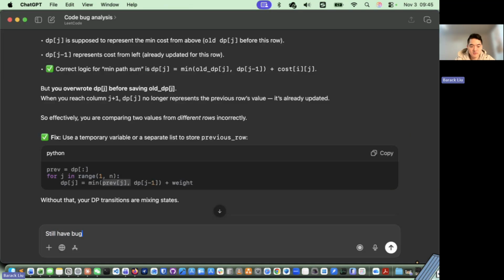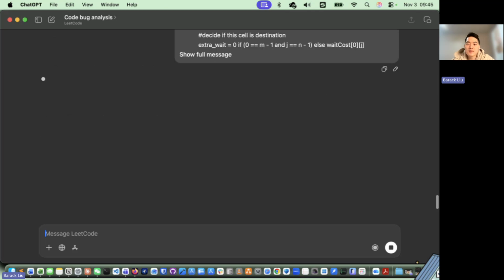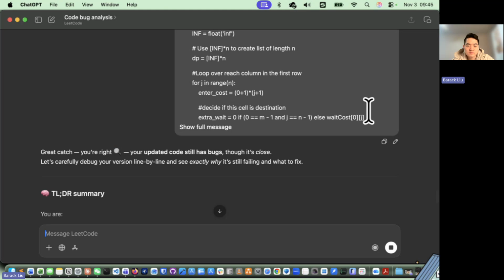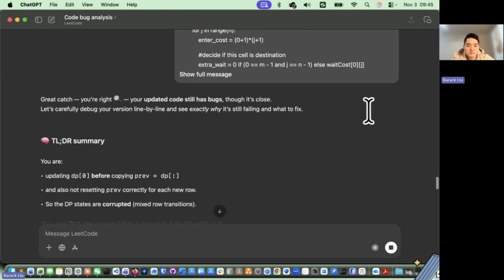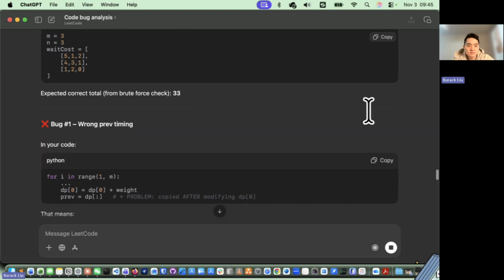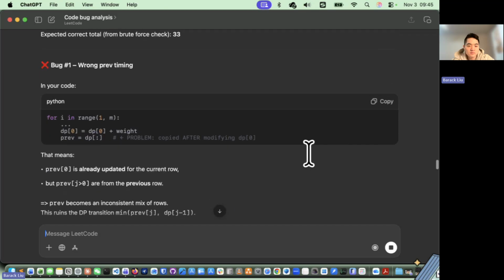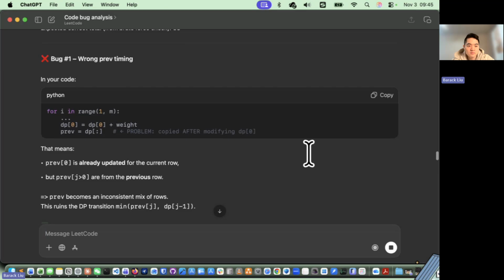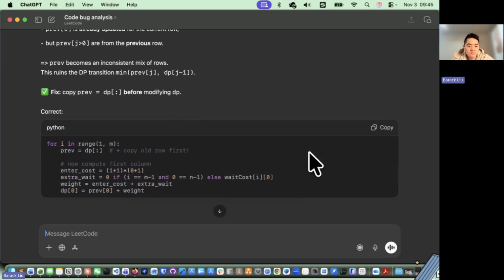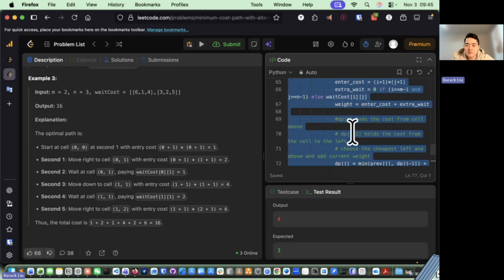Here have bugs. Okay. Put it in the range.